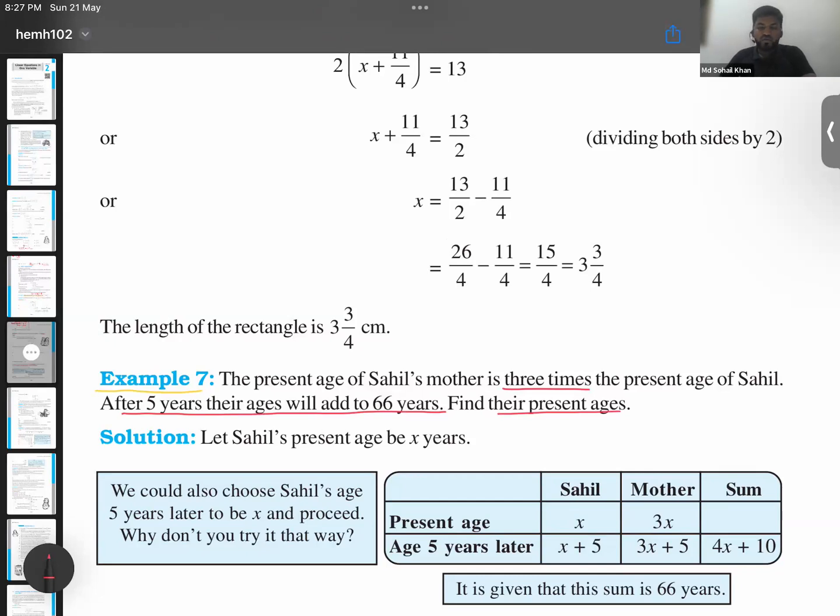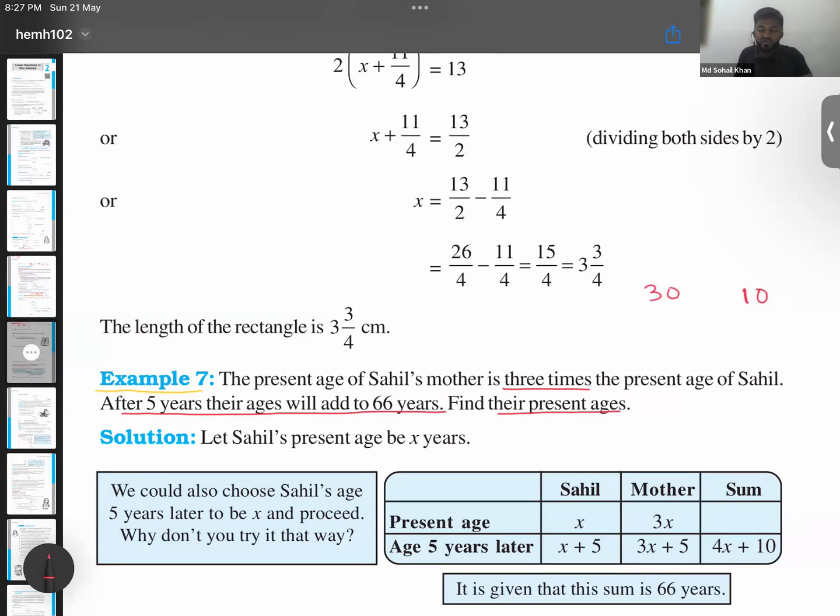Now in the question, the age of Sahil's mother is said to be 3 times the present age of Sahil. So who is Sahil here? Sahil here is the son of the mother given in the question. So if the age of Sahil is 10, then the age of Sahil's mother is 30.